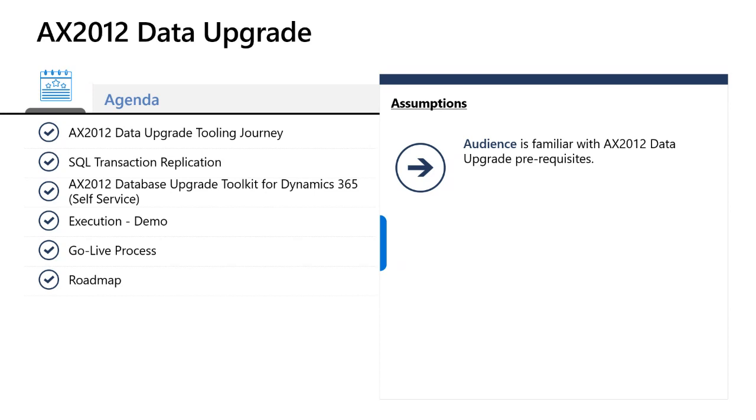Talk about the AX2012 database upgrade toolkit for Dynamics 365 that actually works in self-service environment. And we have a pre-recorded demo to show you how this toolkit works from a data upgrade perspective. And then talk about the go live process, what should be the typical go live process from a data upgrade perspective for AX2012 customers, and talk about some of the roadmap and feature investment.